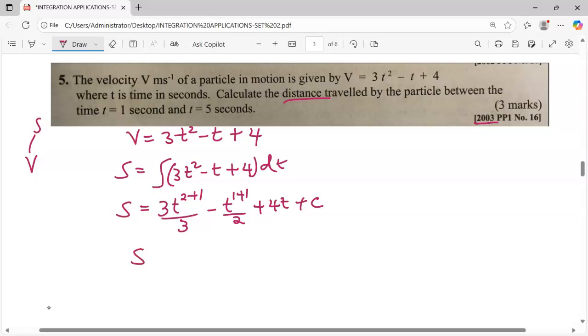For this case, our displacement is going to be equal to t cubed minus half t squared plus 4t, and since we are getting the distance, we do not need the value of c in this case because it is going to cancel.